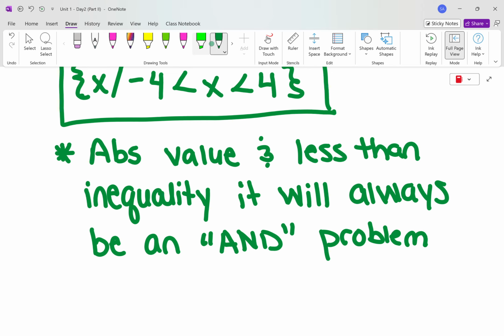So when you have an absolute value inequality and that inequality is a less than, the connecting word will always be and.